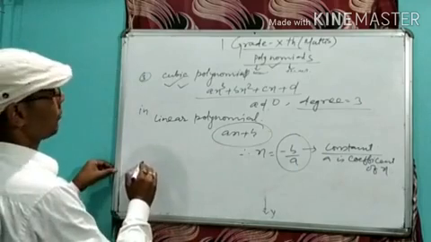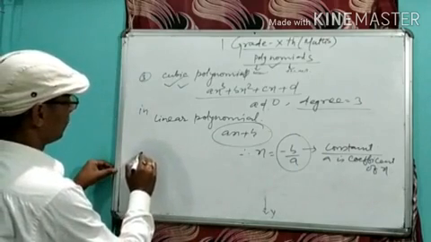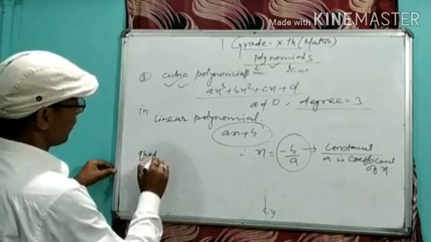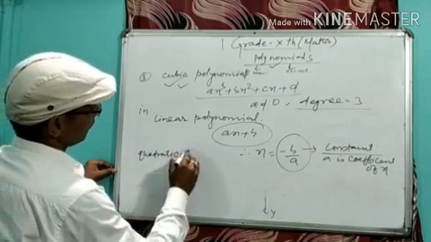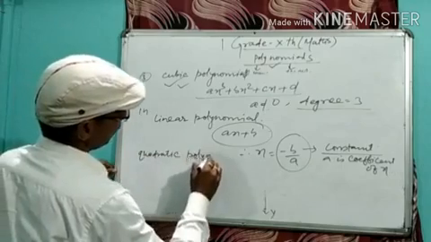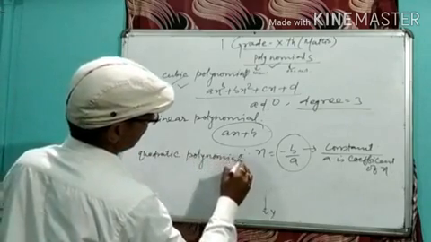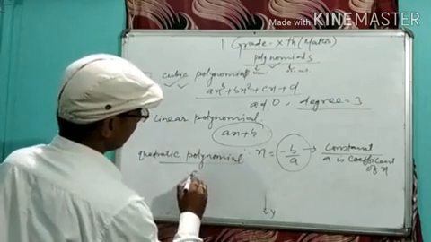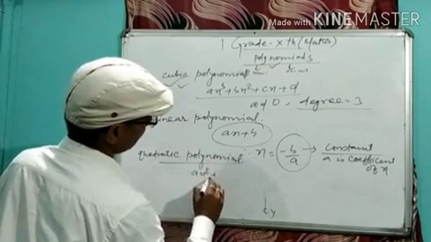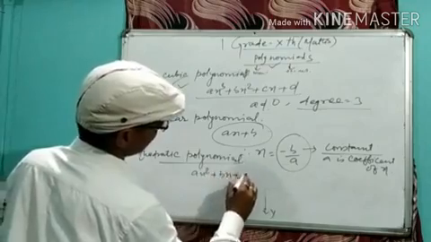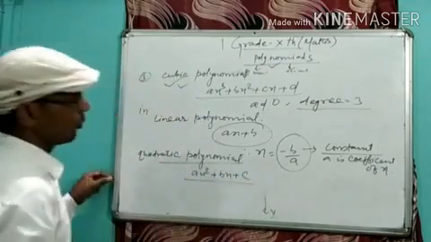This is the relation of the zeros in a quadratic polynomial. You know the general form ax square plus bx plus c is a quadratic polynomial.